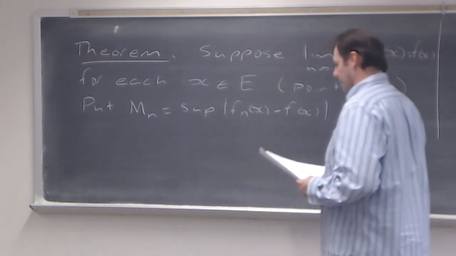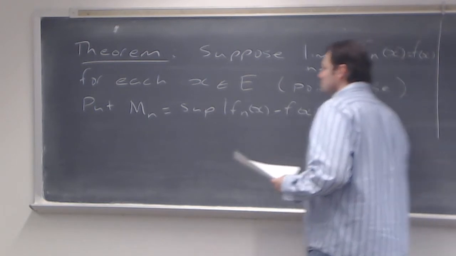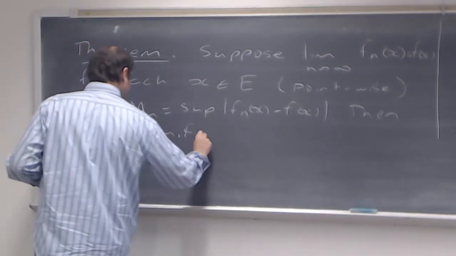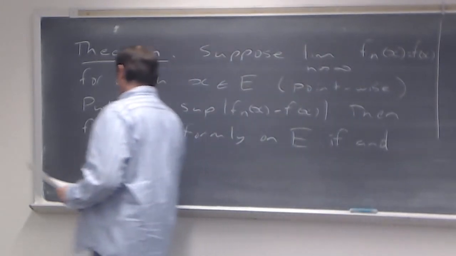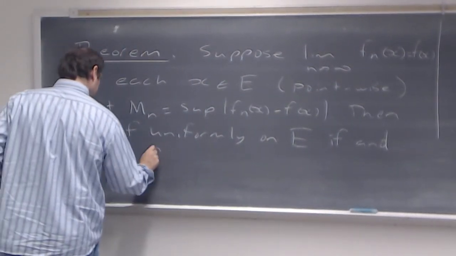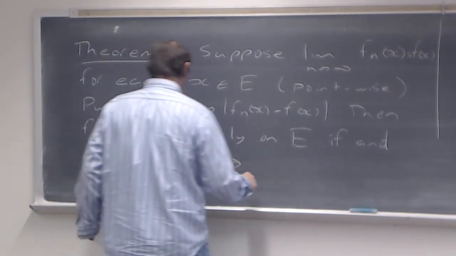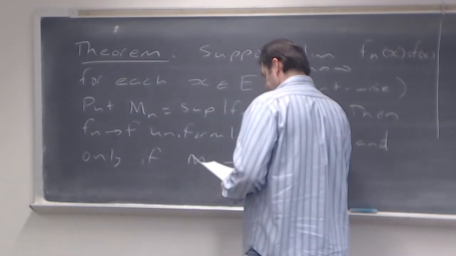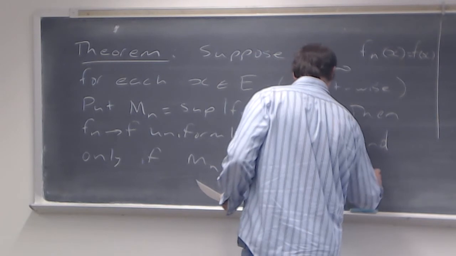Remember, this is in complex numbers here. It's absolute values. Then f sub n converges to f uniformly on E if and only if m sub n, as a sequence, converges to 0 as n goes to infinity.